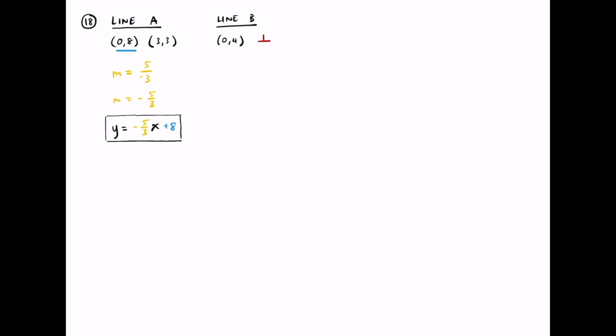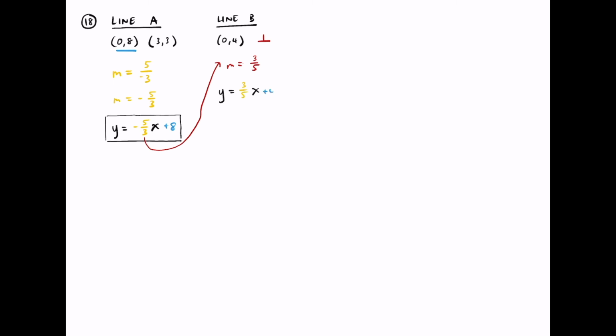Now, line B has to have an opposite reciprocal slope, right? So if we take this negative 5/3, the slope for the perpendicular line is going to equal positive 3/5, right? Then we just need to say here that y equals 3/5 x plus 4.